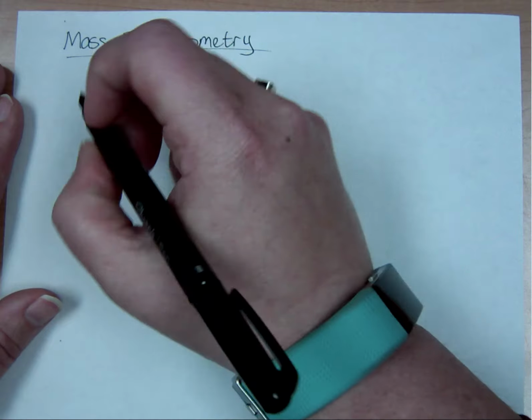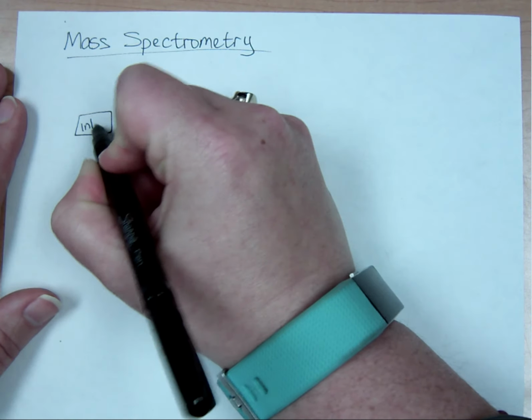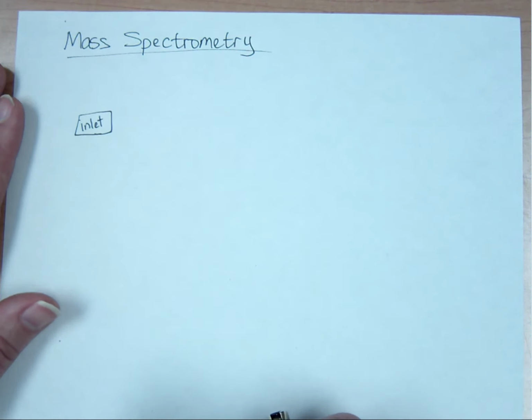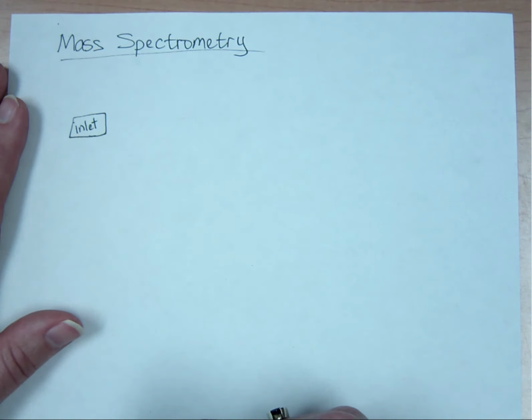At its core, at its basis, we have some kind of an inlet that's going to introduce the sample into the system. Now, our samples might come in the gas phase already, or they might be in a liquid phase, and we need to then put them into the gas phase.